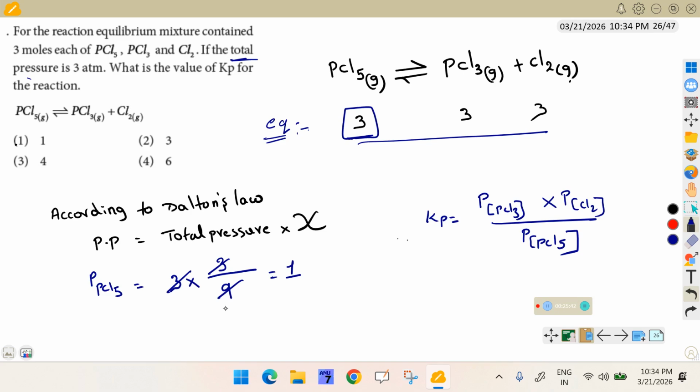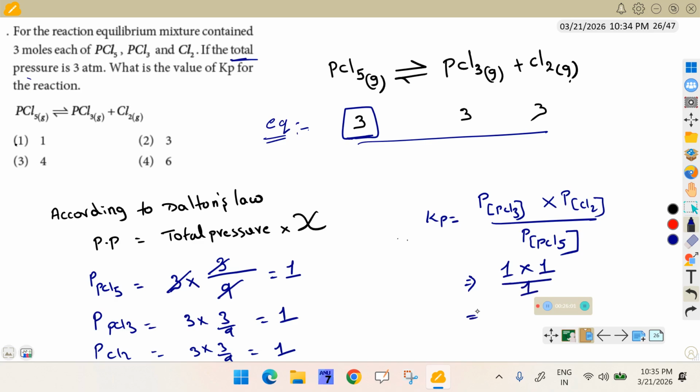Partial pressure of PCl5 is 1. Partial pressure of PCl3 is also 3 into 3 by 9, 1. Partial pressure of Cl2 is 3 into 3 by 9, 1. Kp value is 1. First option is correct.